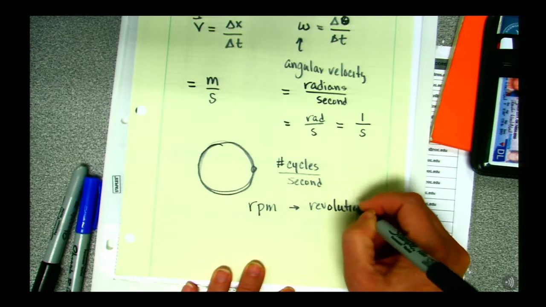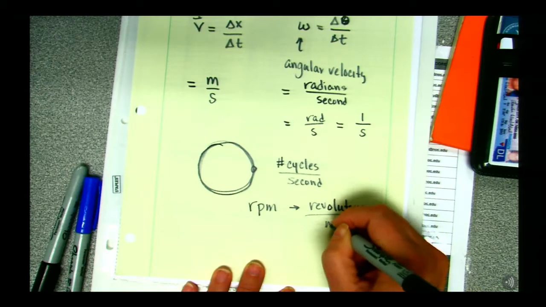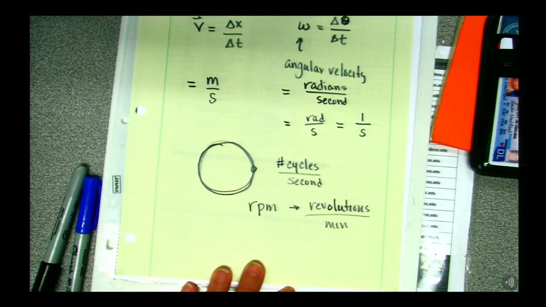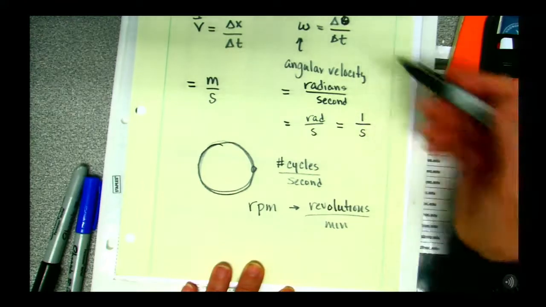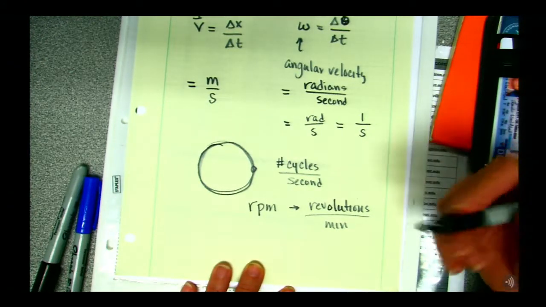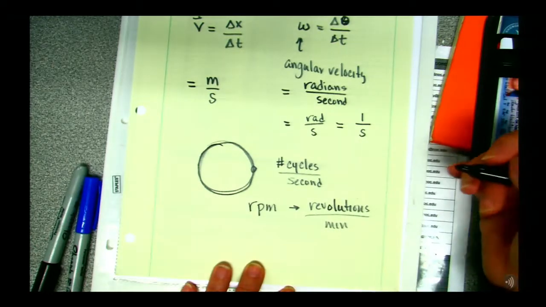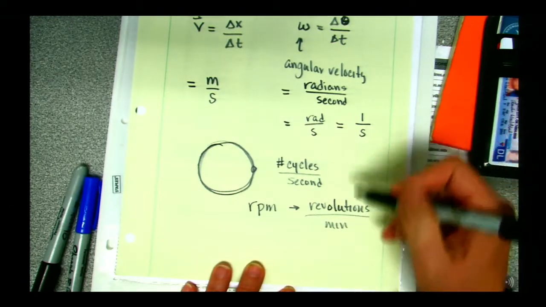The number of times that I go around, I can convert into an angular velocity. So I can give you an angular velocity a number of ways: how many times it went around the circle, how many times it goes back and forth, revolutions per minute, and I can come back and get an angular velocity.